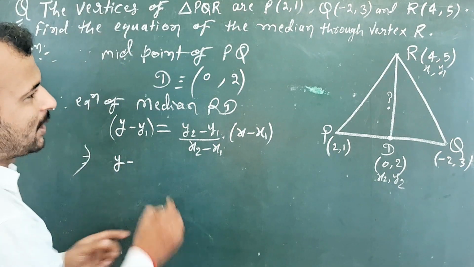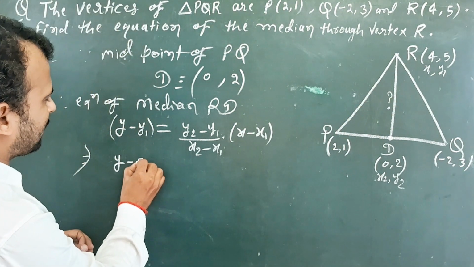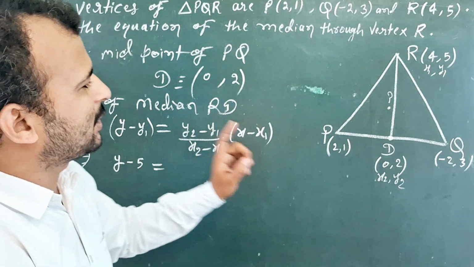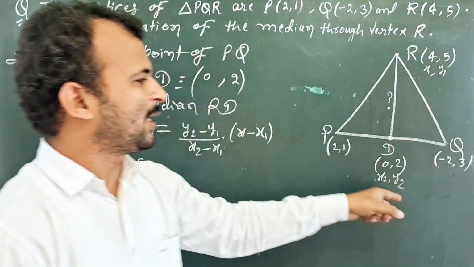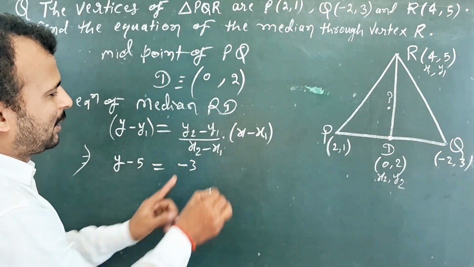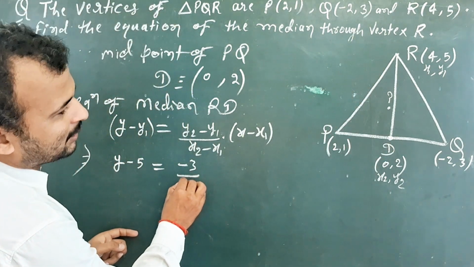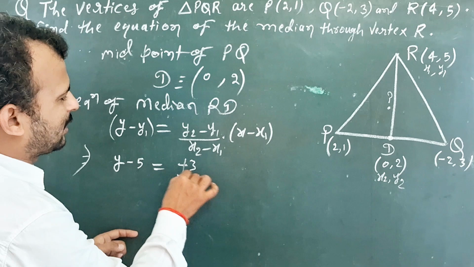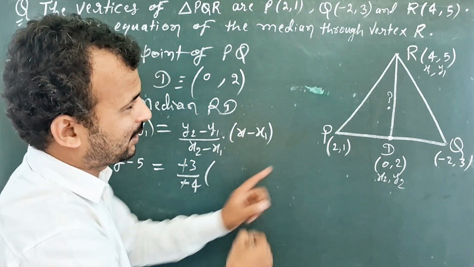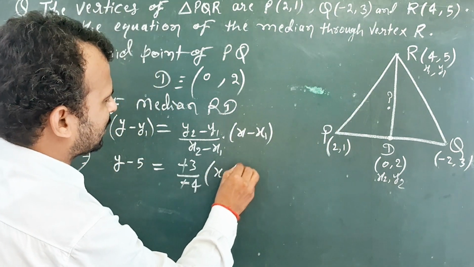Okay, y minus y1, here y1 is 5, so we write here y minus 5 equals y2 minus y1, means 2 minus 5, it will be minus 3, and x2 minus x1, 0 minus 4, it will be minus 4. Minus minus cancel, and here x minus x1, x1 is 4, x minus 4.